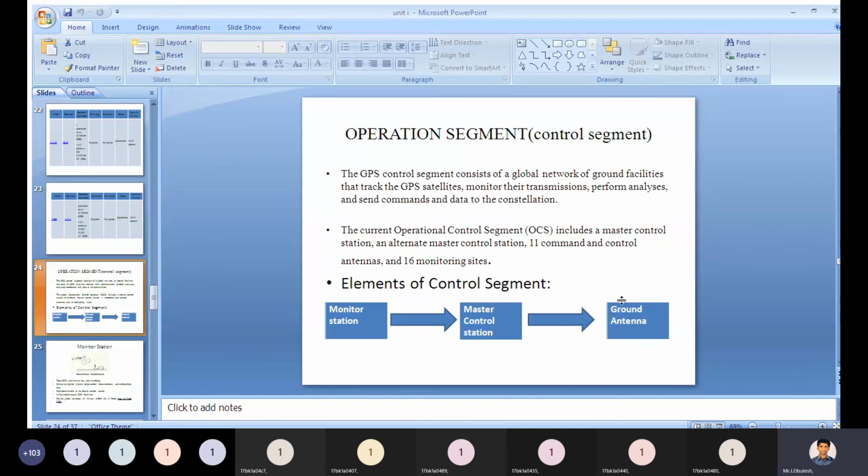Via the master control station only are we able to monitor the entire station. All the tracking of the satellite, their transmissions, and performance analysis are done under the master control. After that, you need to send to the ground station or ground antenna.